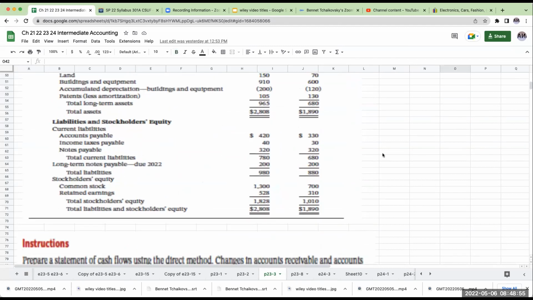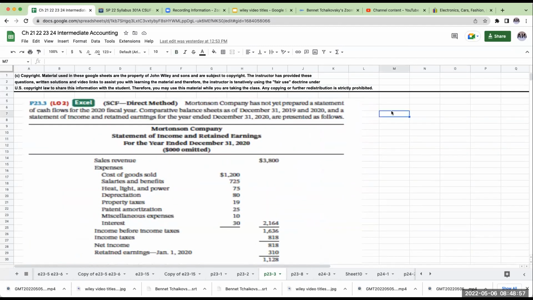So again, the first thing we're going to do is prepare a statement of cash flows. So we have Mortensen Company statement of cash flows for the year ended 12/31/20. Cash flows from operating activities, net cash, blank, operating activities.